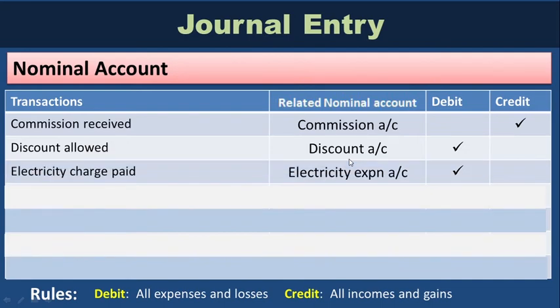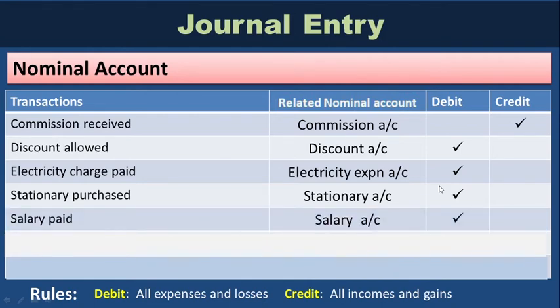Electricity charge paid. Here, the expenses is electricity charge or electricity expenses. It is debited here. Stationery purchase. Stationery purchase is the expenses and the related nominal account is stationery account, it is debited. Salary paid. The related nominal account is salary account, it is our expenses and it is debited here.